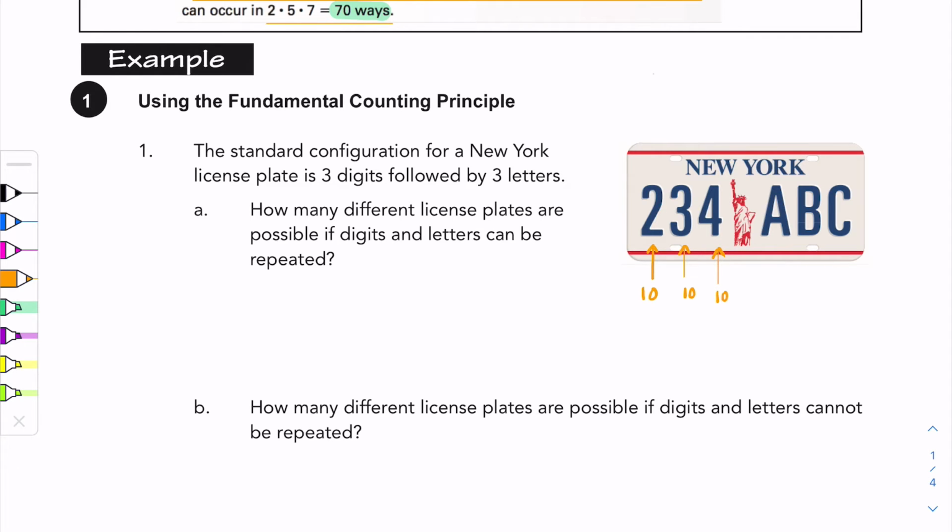Again, those 10 choices are 0 through 9. Those are your possibilities for a number. After your number, you have 3 letters. There are 26 letters in the alphabet, so there are 26 options for each one of these places.